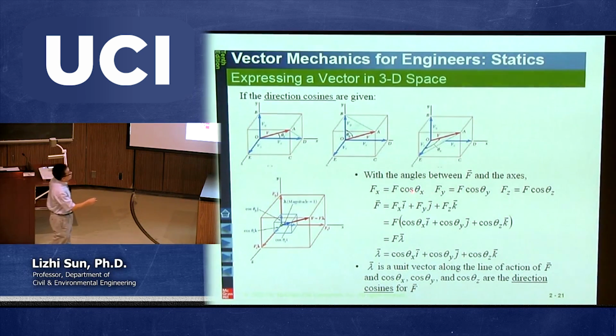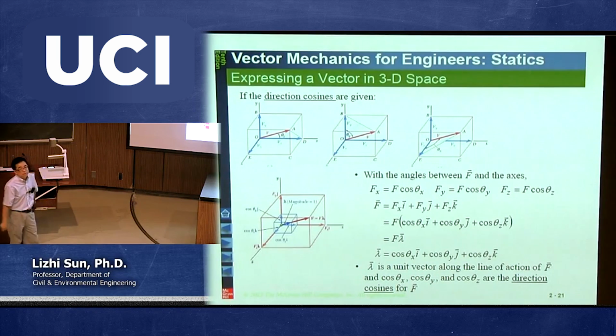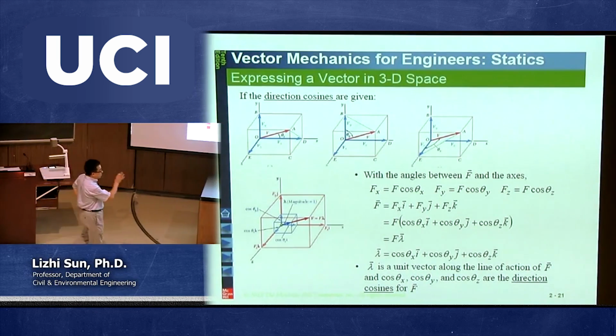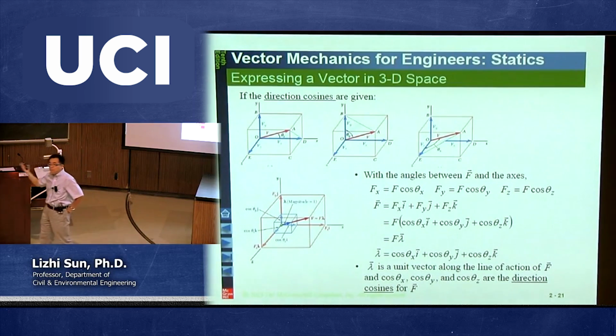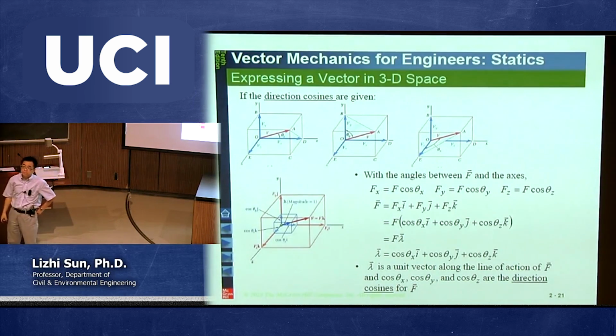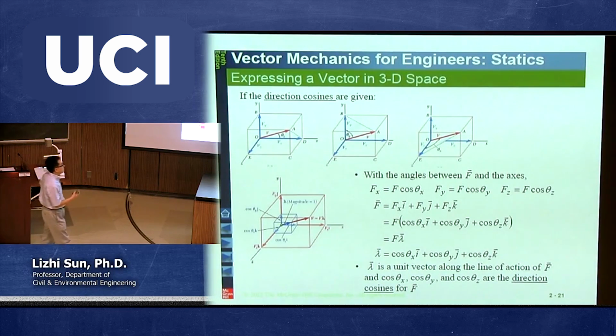Okay, in fact, the cosines of these three angles, cosine theta x, cosine theta y, cosine theta z, are called the direction cosines of F. In fact, later on, when you need to identify or characterize the force direction in a three-dimensional setting, how are you going to characterize the direction? And normally, this is the only way to characterize the direction of a force in a three-dimensional setting.